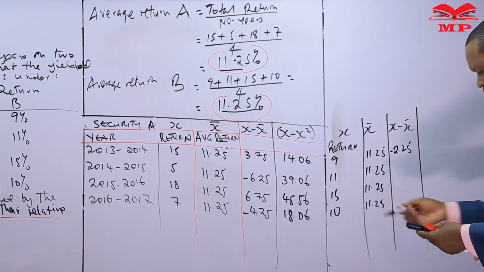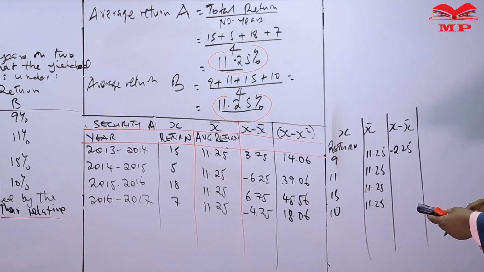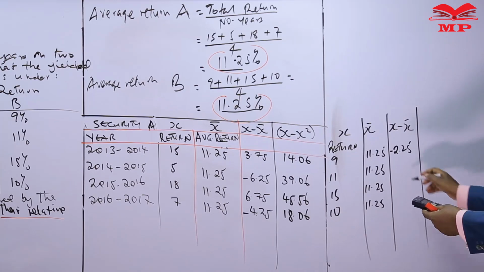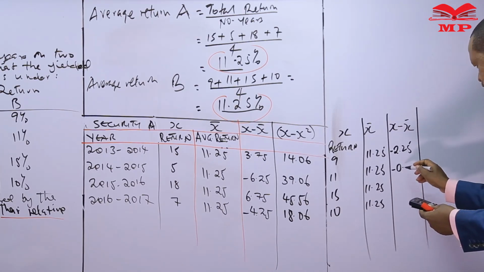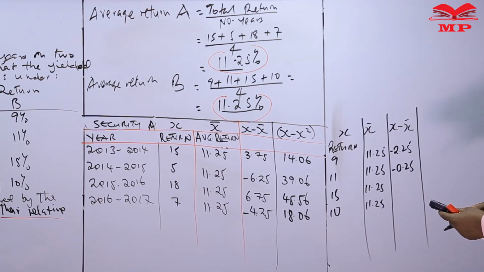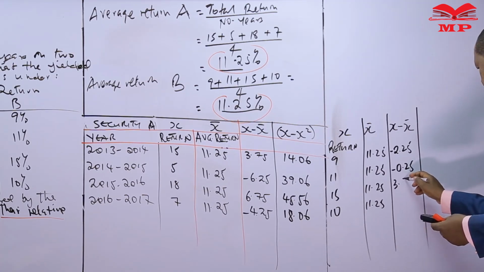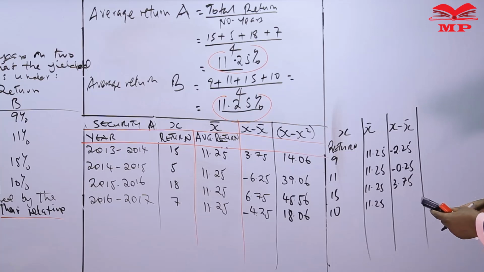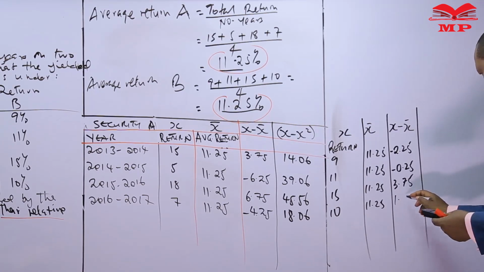Then next, 11 minus 11.25 is equal to negative 0.25. Next we have 15 minus 11.25 is equal to 3.75. Then 10 minus 11.25 is negative 1.25.